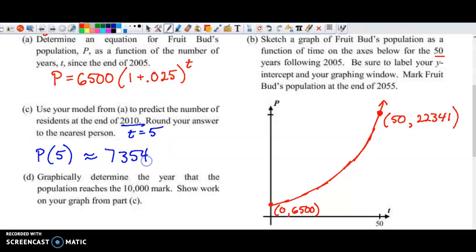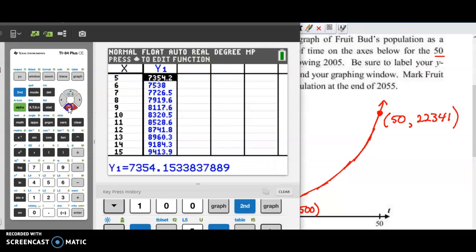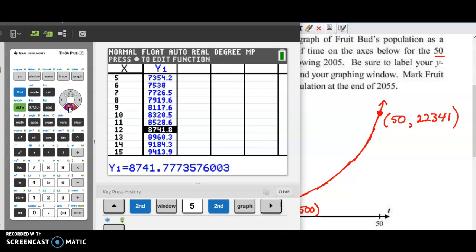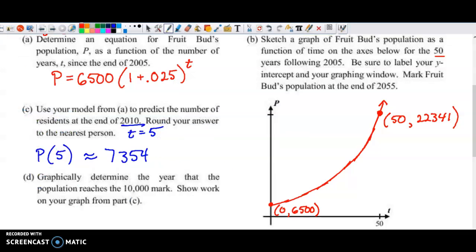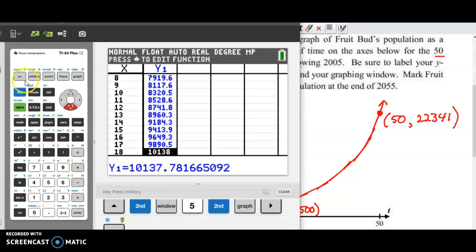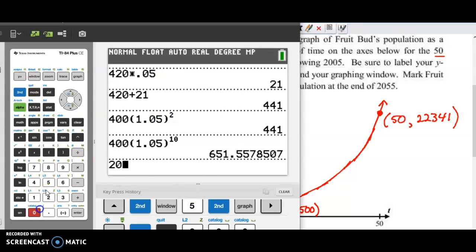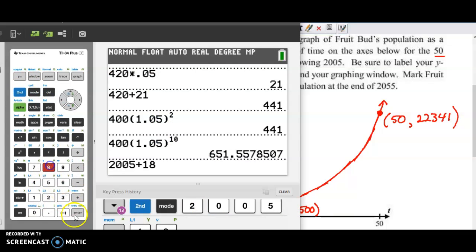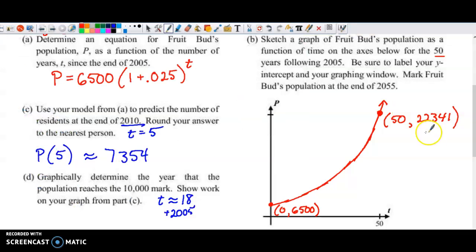And what's nice about this as well is when we get to a population really close to 10,000, I can just scroll on my table instead of just guessing and checking. It looks like about the year 18. About t is about 18, which when you add 2005 to it, that's about the year 2023.